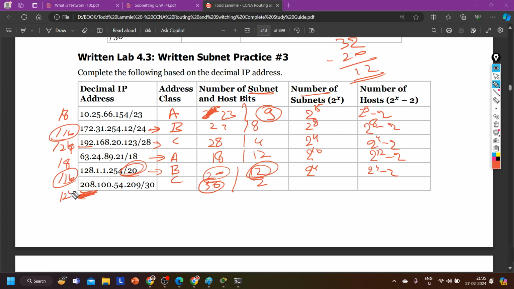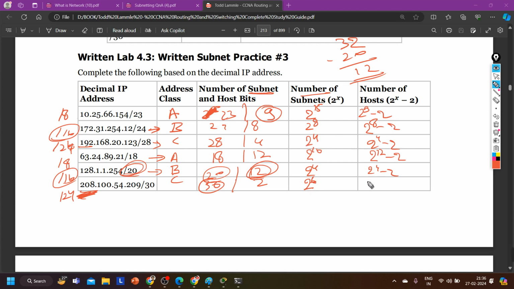Class C IP address means default CIDR is 24, so I have borrowed 6 bits. Number of subnets is 2 to the power 6, which is 64.